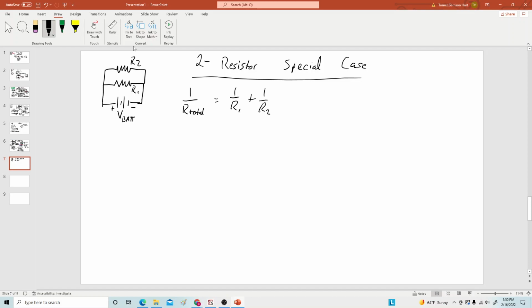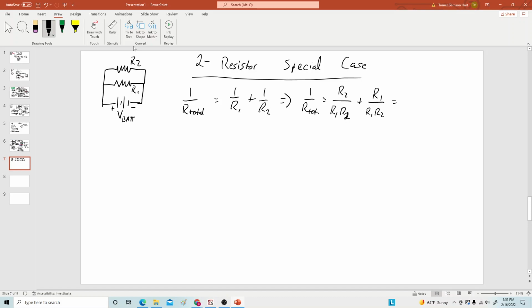So when you have your resistors in this configuration, what you can do to actually calculate the total resistance is get common denominators. So then you would have R2 over R1 R2, plus R1 over R1 R2.